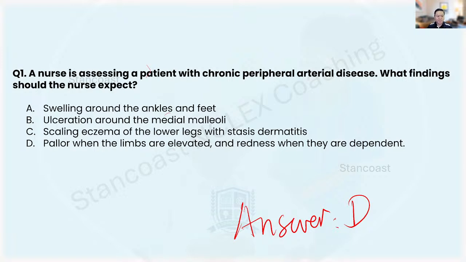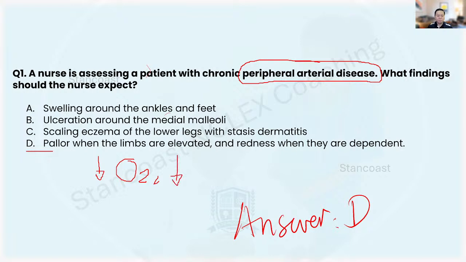So this is characteristic of PAD, peripheral arterial disease. And again, the pallor is caused by what? Decreased O2, decreased blood flow. That's quite the most simple reason for that. Reduced blood flow.